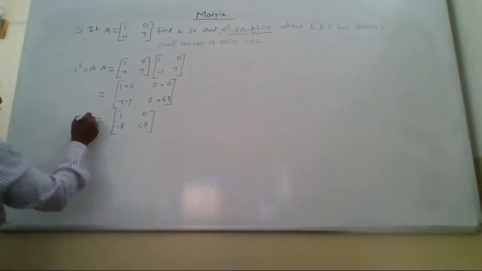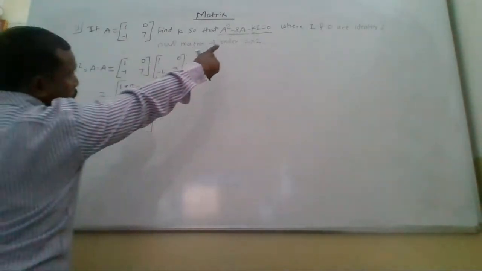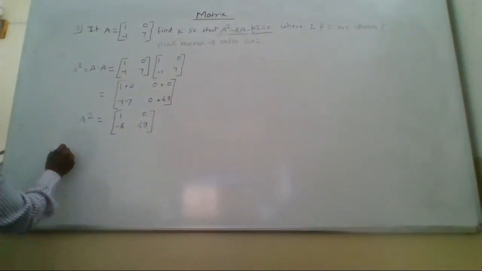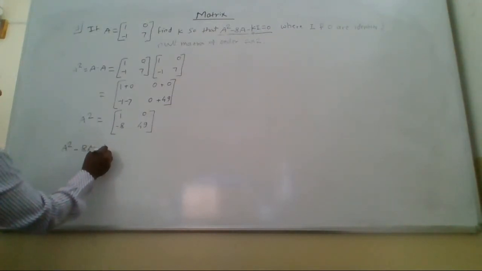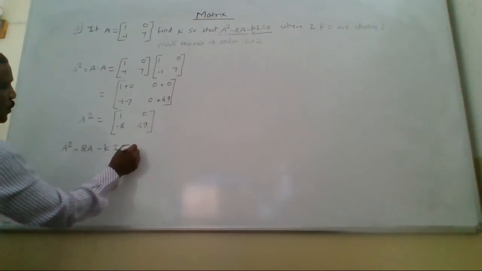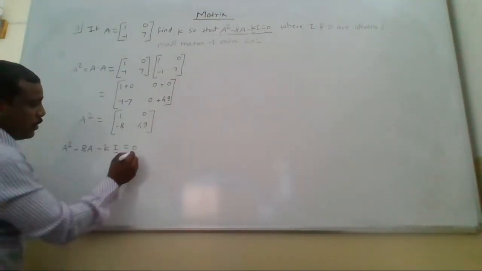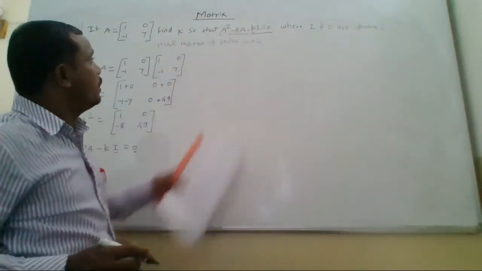This is a square matrix. So here we have to find out the value of K. Therefore, write down the given equation: A square minus 8A minus K I equal to 0. We know I is the identity matrix of order 2 by 2, and 0 is the null matrix of order 2 by 2.